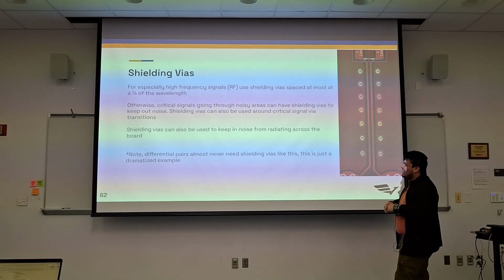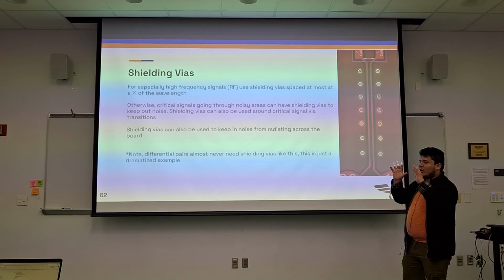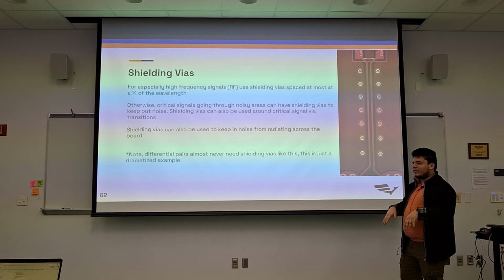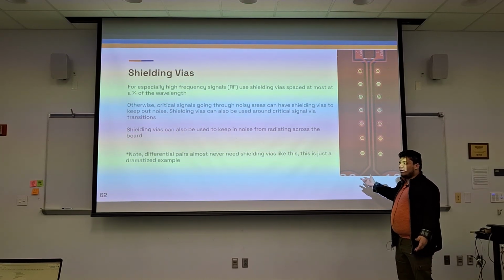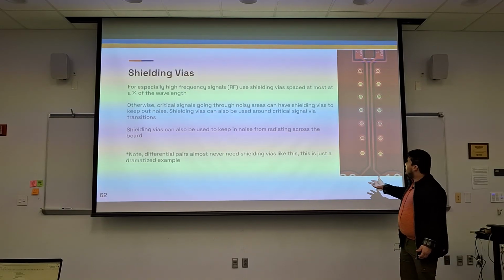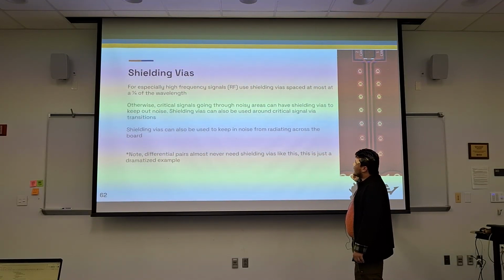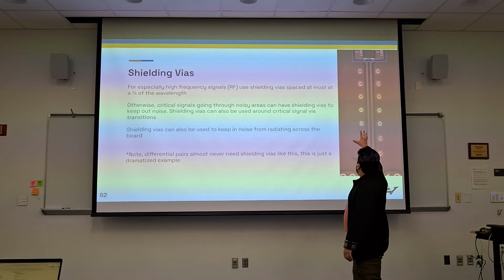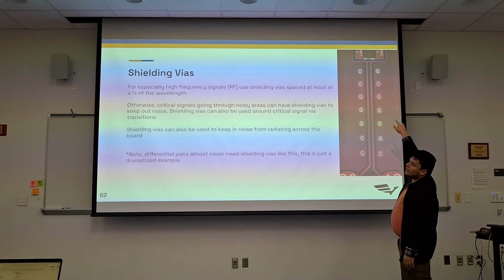Use vias. And this is especially why you want to have copper, or ground copper, on all of the layers, so that these stitching vias actually do something, because they're not going to do anything if they're not connected to any ground, right? So you can also use vias for shielding. This is more or less how that will look. So if you had an RF trace going up there, this is roughly what you would see.